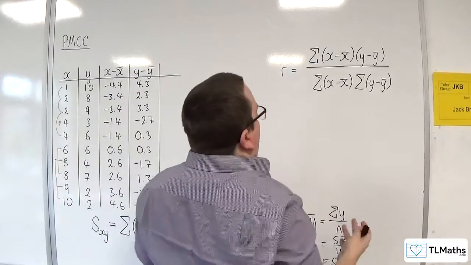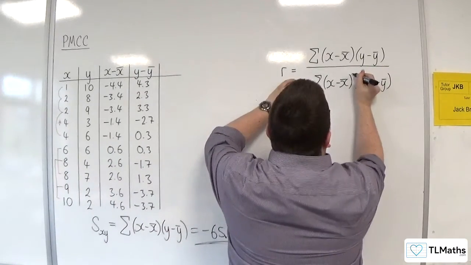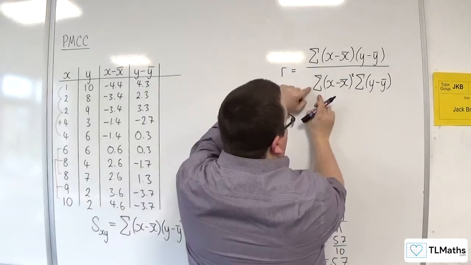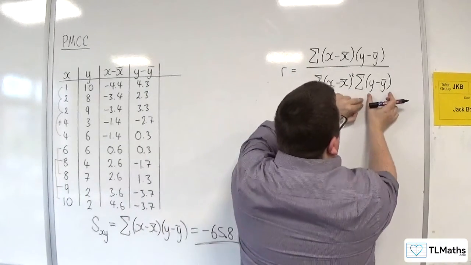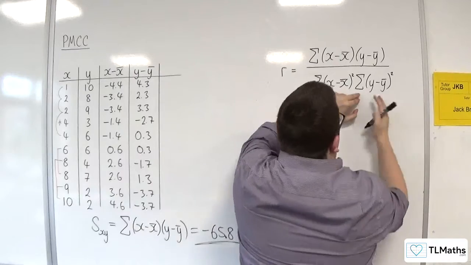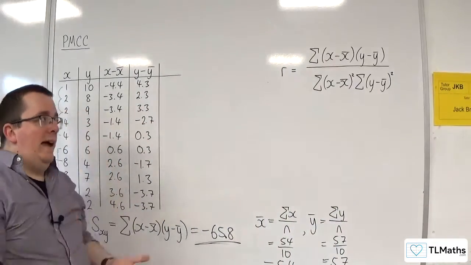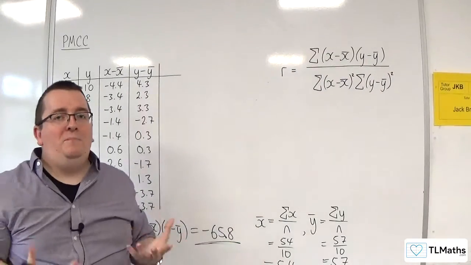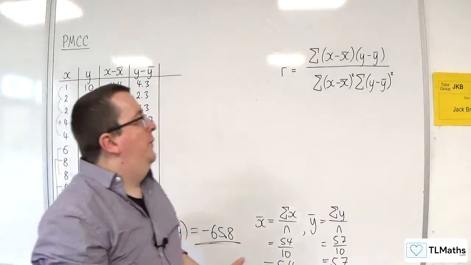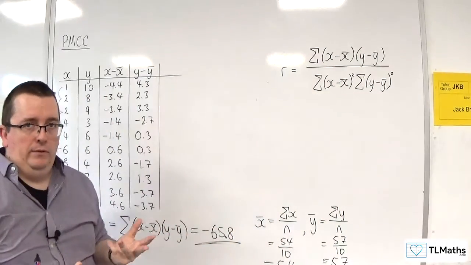So what I'm going to have to do is, for each of my x take away x bars, square it and then add them together, because I know that that will be a positive result. And for each of the y minus y bars, I'm going to square it and then add them together. Okay? But now the problem with this is that I'm dividing by too much, because I'm dividing by two squared values.